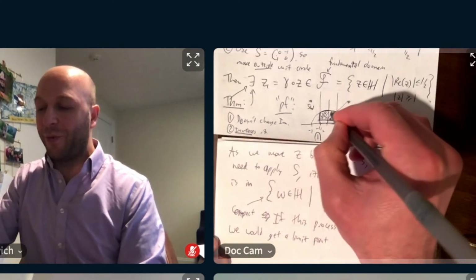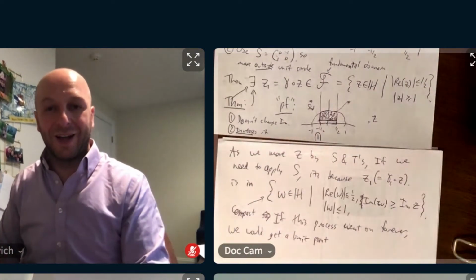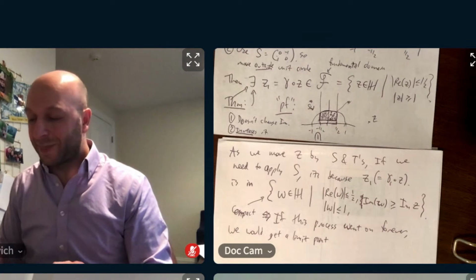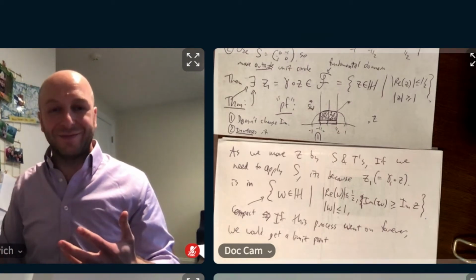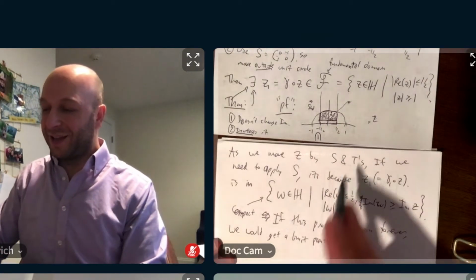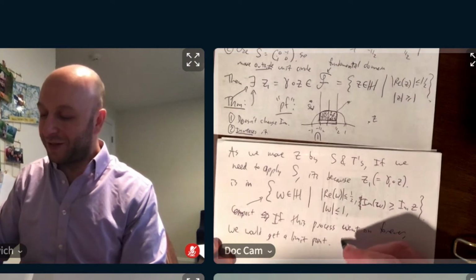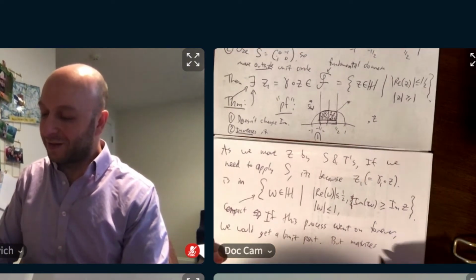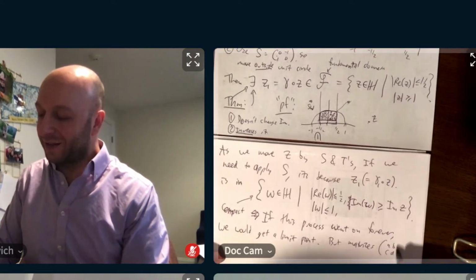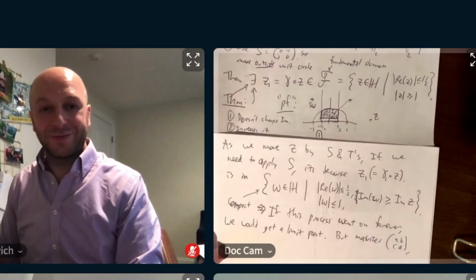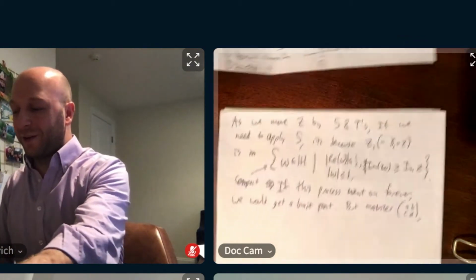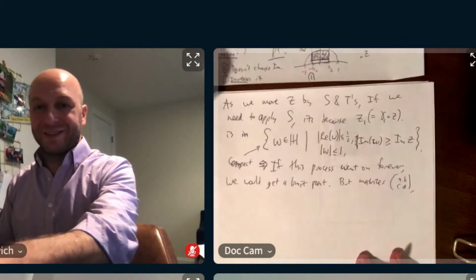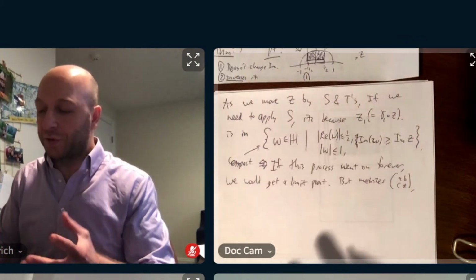If we had infinitely many points, at least somewhere it has to bunch up. And that can't happen because the matrices we're using, A, B, C, D, are integral. And limits of integers do not exist, so this is a discrete action.